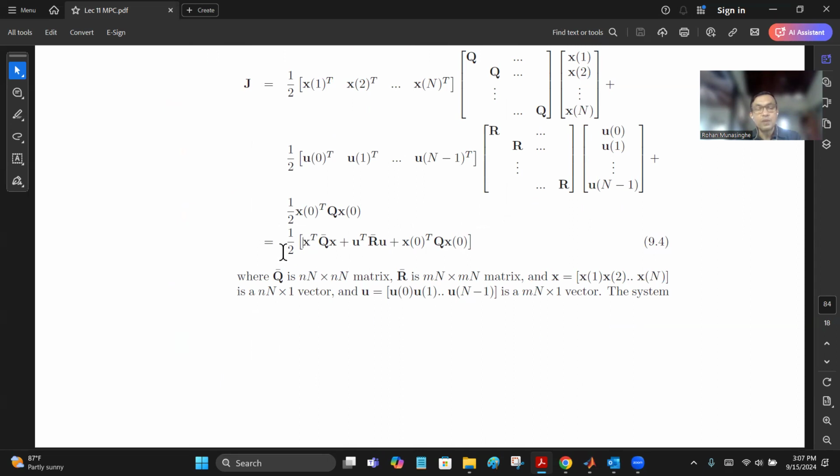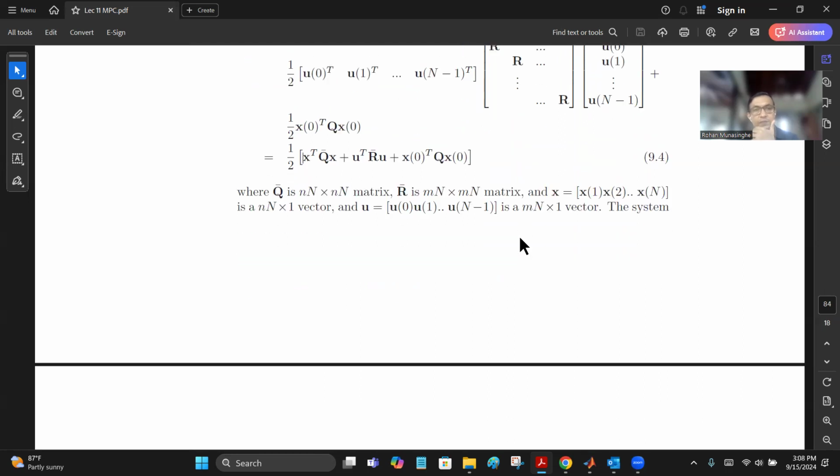So I think you better write it down because I'm going to advance to the next page and substitute from the state dynamics for x. And we want to continue this 9.4 further down without x in it. That's what we're going to do now.